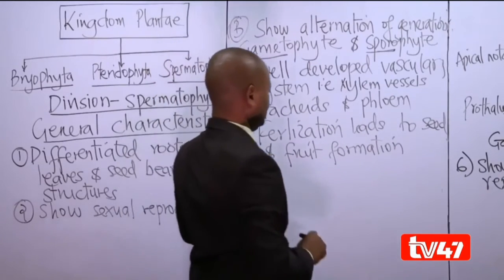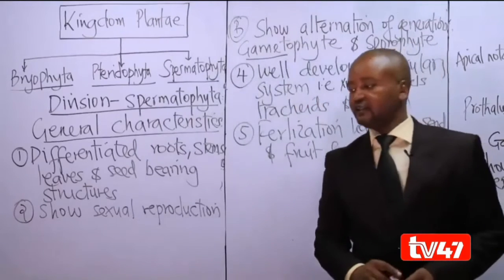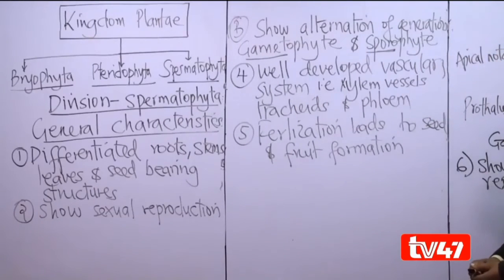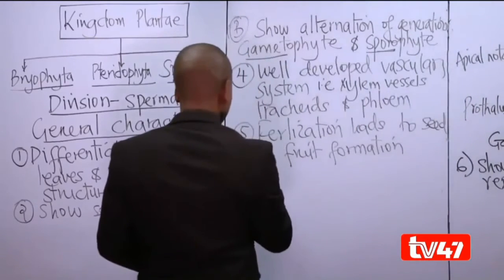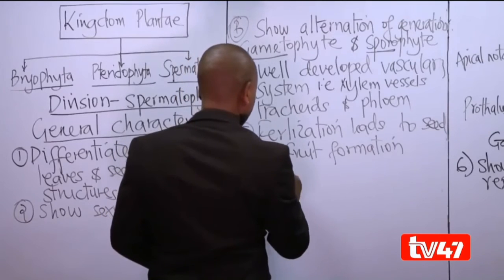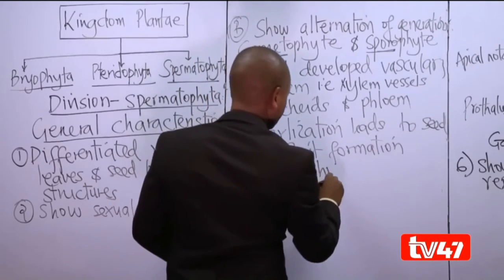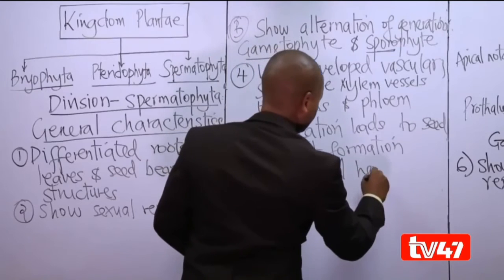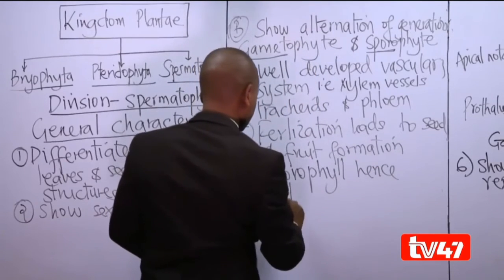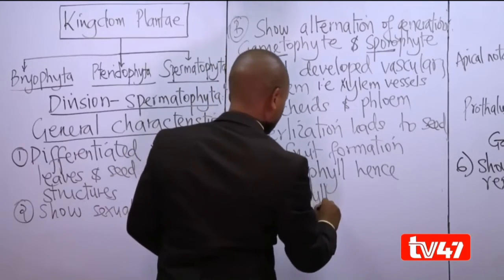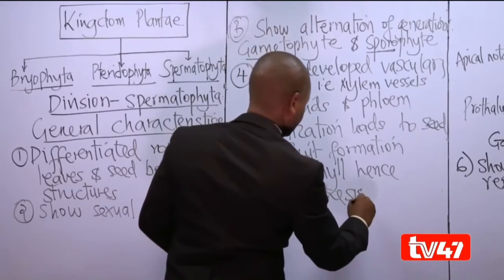So we have that. Then this formation of fruits and seeds, and it has got chlorophyll, hence they photosynthesize. They have chlorophyll, so they photosynthesize.